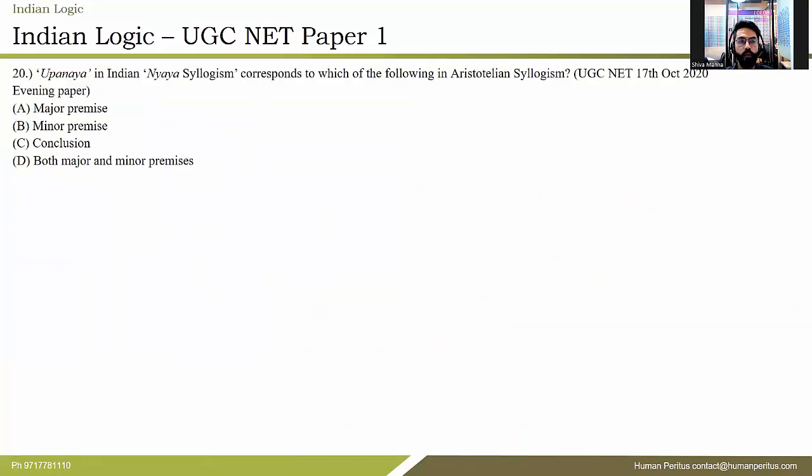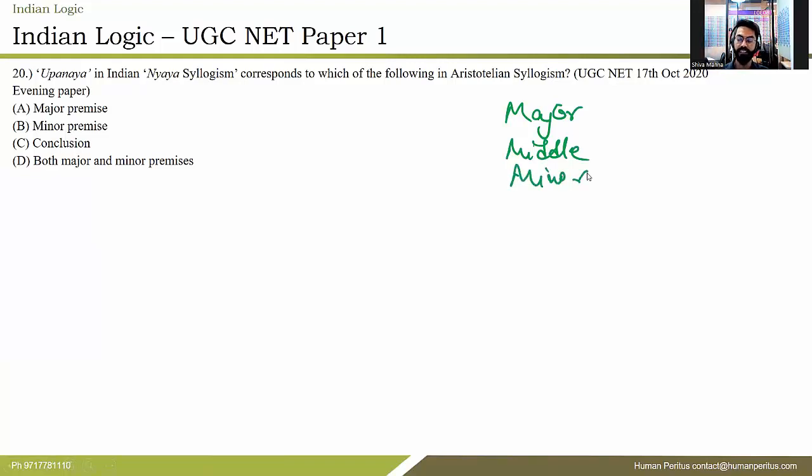Now we get to Upanaya in Indian Nyaya syllogism. Correspond to which of the following in Aristotelian syllogism? Now in Aristotelian syllogism, you have three terms: your major, your middle, and your minor, right?